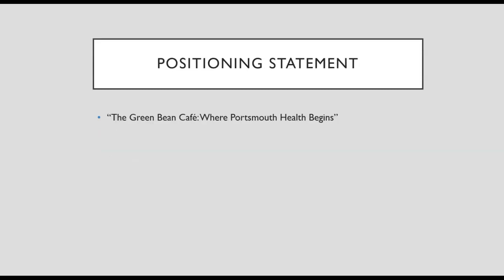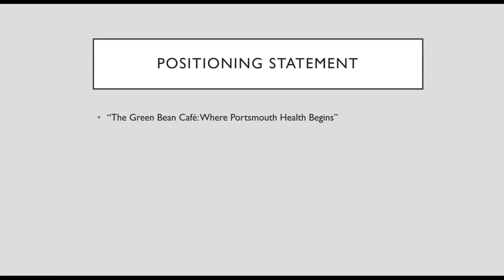I thought of a positioning statement, which I hadn't had one before. I made it: the Green Bean Cafe, where Portsmouth health begins. Really, nobody else in the area can claim that. There are no restaurants in our area that claim themselves as being healthy. We have a ton of pizza places, bars, fast food restaurants.